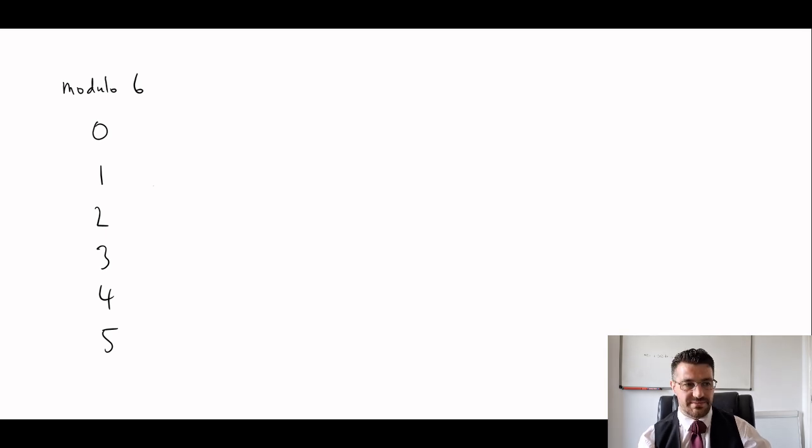Sometimes you might see a little subscript 6 next to these numbers to distinguish them from the normal 0, 1, 2, 3, 4 and 5 that we're all familiar with. The subscript 6 just indicates that, for example, this 0 sub 6 is the 0 in the system of modulo 6 arithmetic.